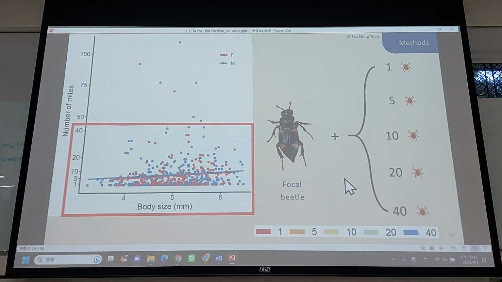Because the burying beetles' body size is dominantly influenced by the environment, like the nutrients or the temperature when they are in the larval stage or in the pupal stage. And if the environment changes, the distribution of their body size will be different compared to the past.